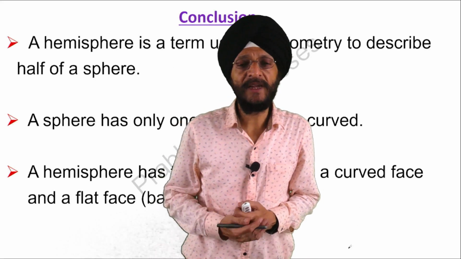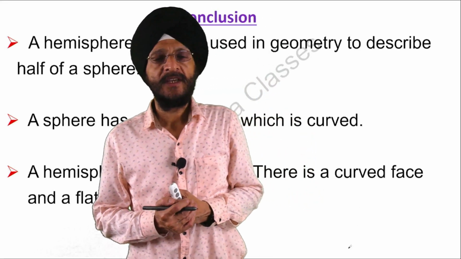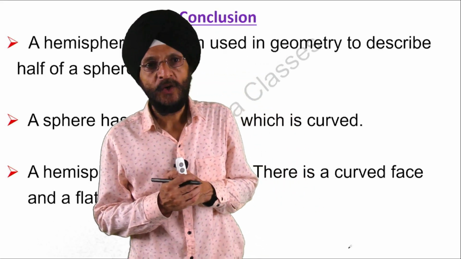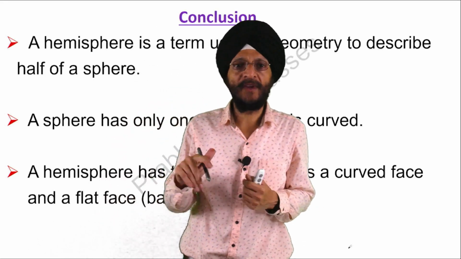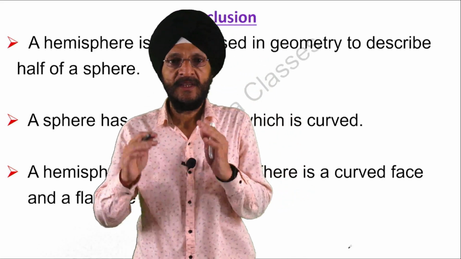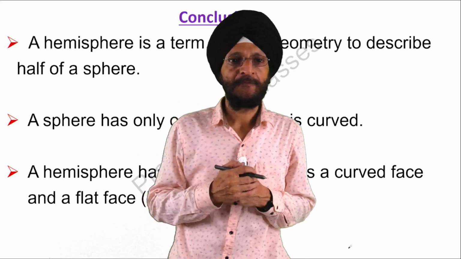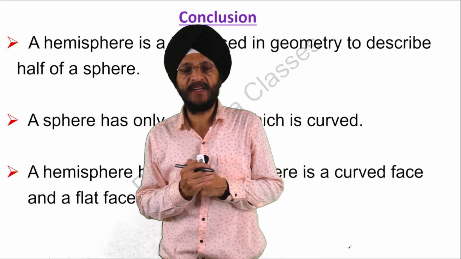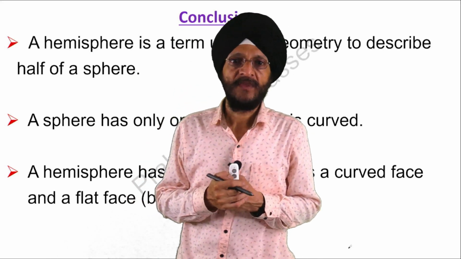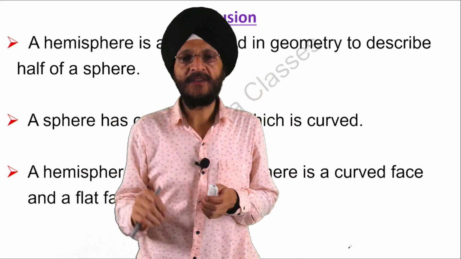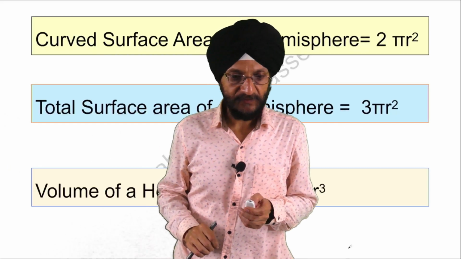So now we will like to conclude this course. A hemisphere is a term which is used in geometry to describe half of a sphere. A sphere has only one face, that is curved, whereas a hemisphere has two faces. One is curved face and the other is flat face or base.